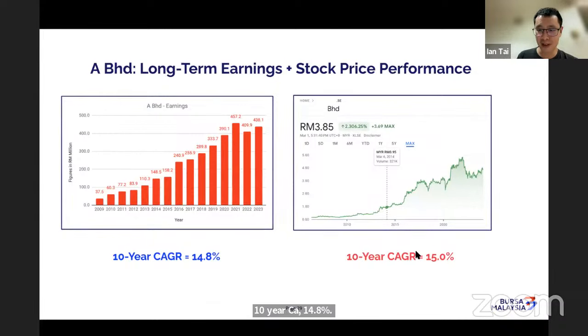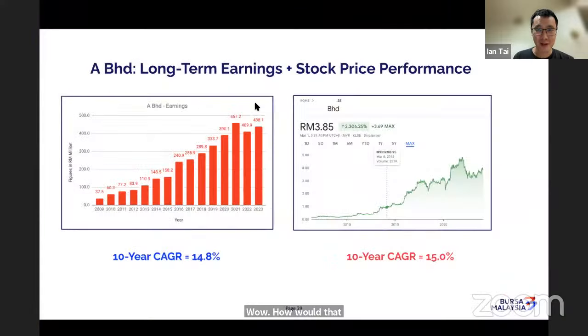I believe investors of Eberhard will be happy to see their money being compounded at a rate of 14.8 or 15% per annum over the past 10 years. So think about this. Imagine your money being compounded at a rate of 15% per annum. Wow. How would that look?